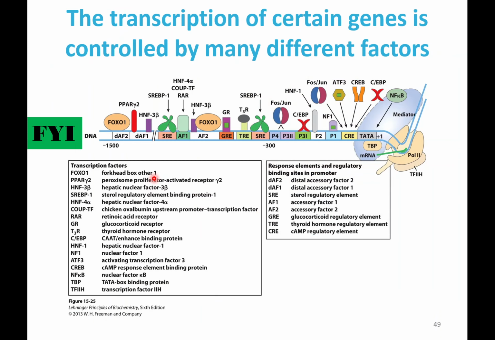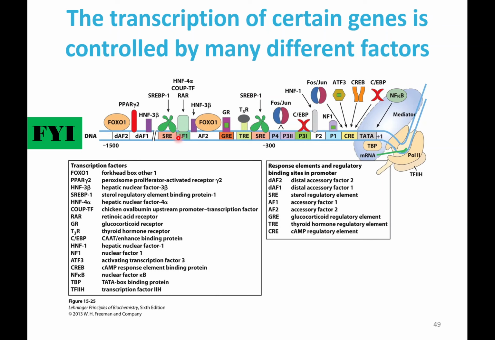And then finally, I put this in here because this shows you just how complex this can get. Okay, these abbreviations listed in this line are binding sites in the genome that come before a particular gene.